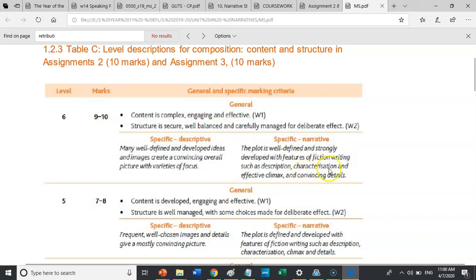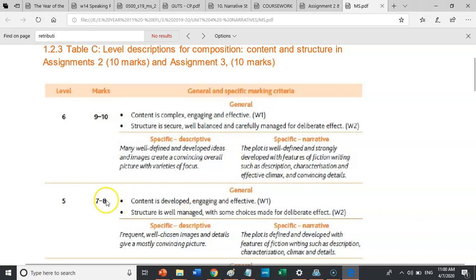You've got a sense of characterization, so you should have at least 2 characters, and I should be able to tell you really what they look like and what their personalities are like, also what their motivations are, what are their goals. You have got an effective climax and convincing details. That to me might mean a little bit of dialogue, or it might mean some small subplots or something like that.